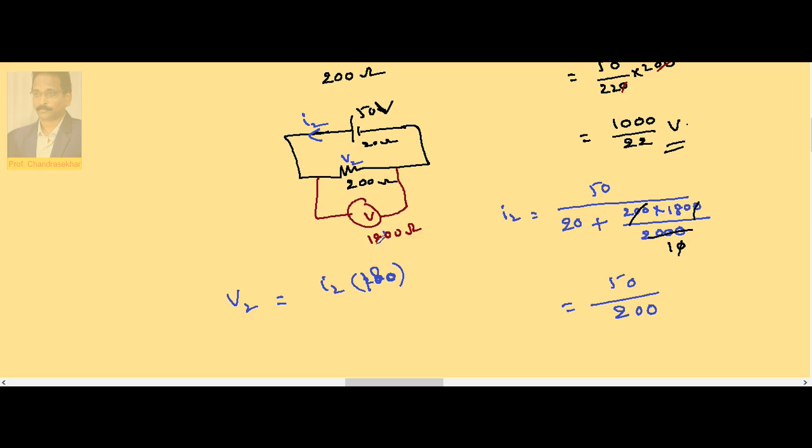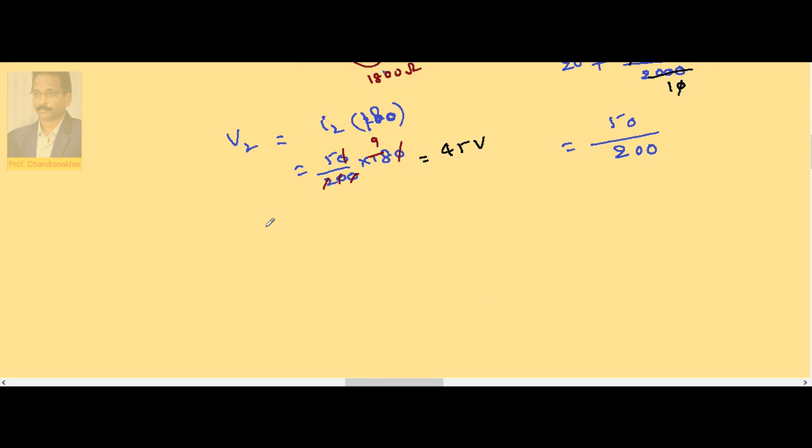The effective potential difference across this one, because I2 is the current coming here, the equivalent resistance of the combination is 180. So it is 50 by 200 into 180. Here I can cancel this 0, 2 into this one 9 times. That means 45.